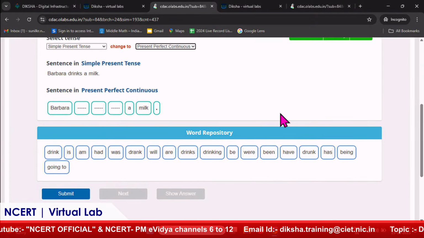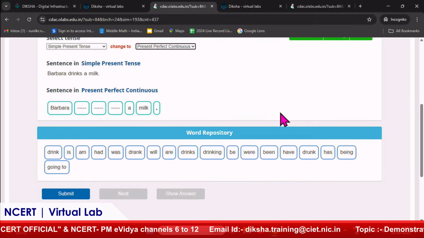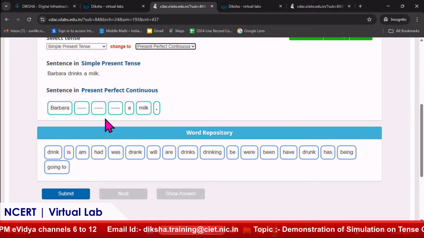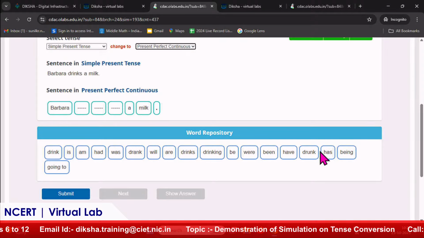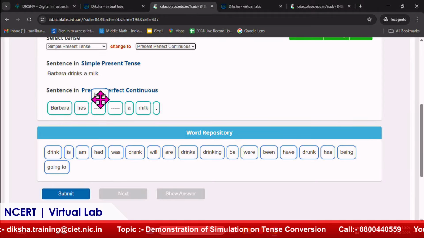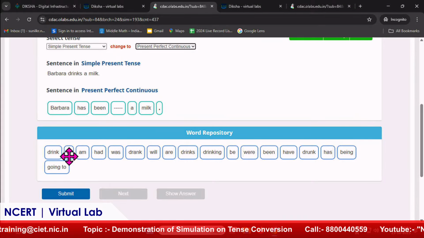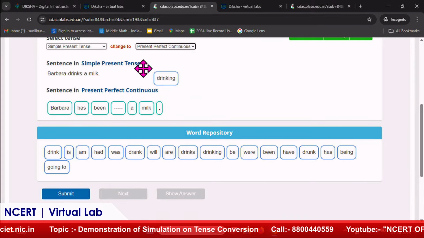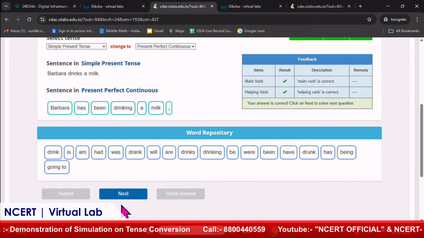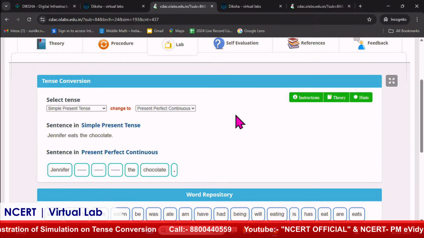So present perfect continuous: Barbara has been drinking. So one has to be very careful with what type of sentence you are preparing. Correct. Okay. Let's go to the next one.